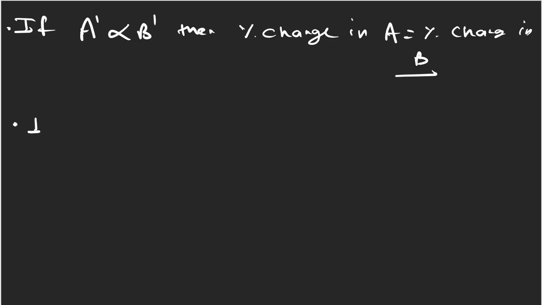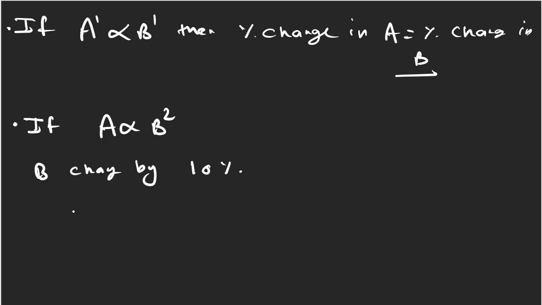Now suppose that a varies as b square, and b changes by, suppose, 10%. Then see, initially b was b. Now if it increases, suppose increases by 10%, it will become 1.1b. So what will be the change in a? Suppose that we take the constant here as 1, so we can write a is equal to b square.